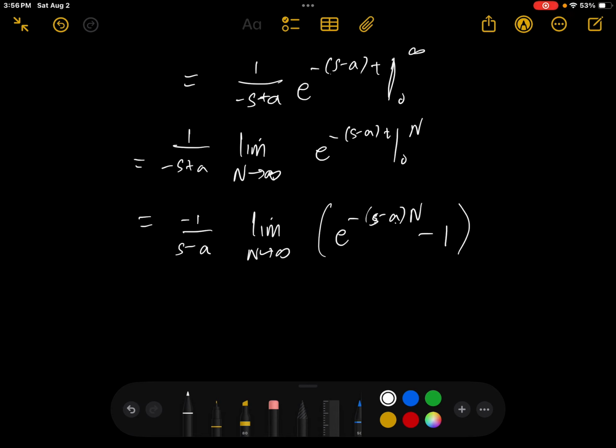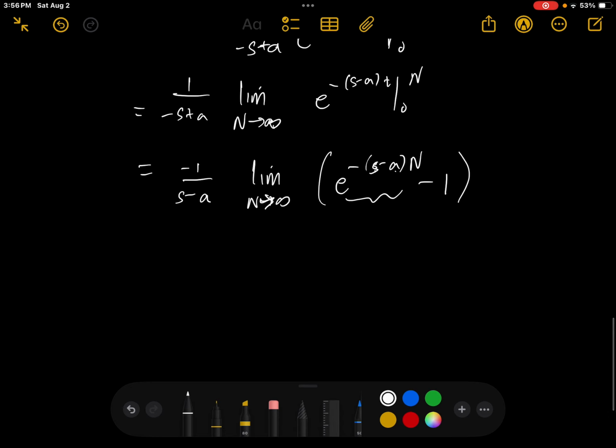Okay, we have this issue where as n goes to infinity, when we're analyzing this, the e to the thing is going to go to 0 if the exponent is going to negative infinity. And that's going to happen if s minus a is positive. Because if s minus a is positive, then as n goes to infinity, the exponent is going to approach negative infinity.